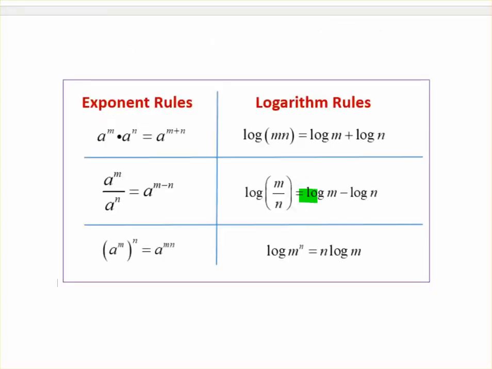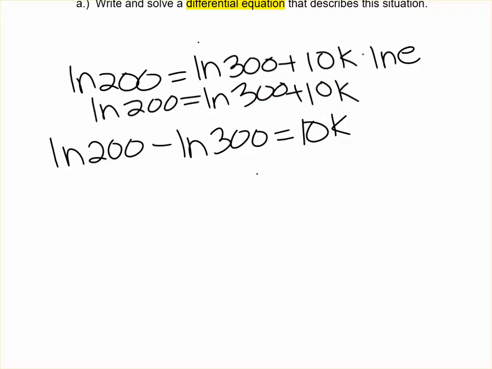You'll notice here we have the natural log of m minus the log of n is equal to the log of m over n. That means that we can rewrite this as the log of a quotient. The natural log of 200 over 300 is equal to 10k.